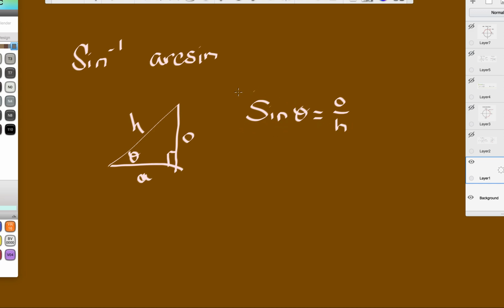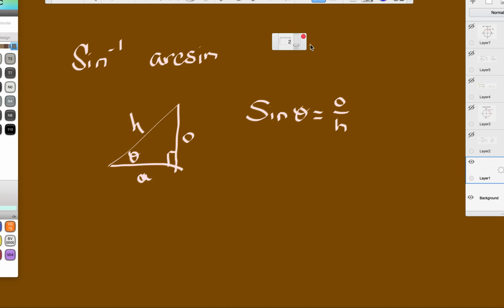Now we're talking about inverse sine. The inverse sine of opposite over hypotenuse gives me the angle. So I'm looking for an angle, but not a degree measure. Before, in other classes, maybe your physics class, you were looking for an actual angle measure. And remember, now we're talking about the unit circle.